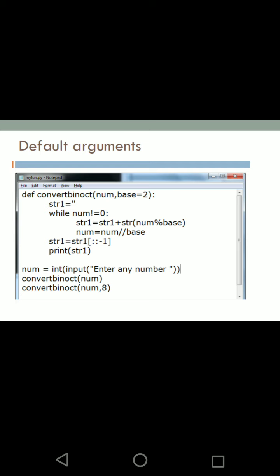So the first line will convert it to its binary. Why? Because it will take the base default value, which is 2. The next function call, convert to binary oct, will give two arguments. That is number, and it is giving the base as 8. So it will find the octal value. So when a value is given in the function call, it will work on the given value itself. But if it is not given, it will take the default arguments.